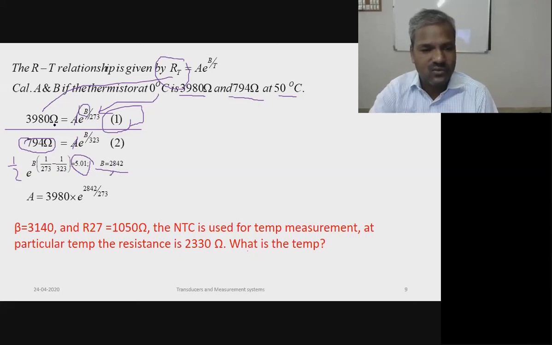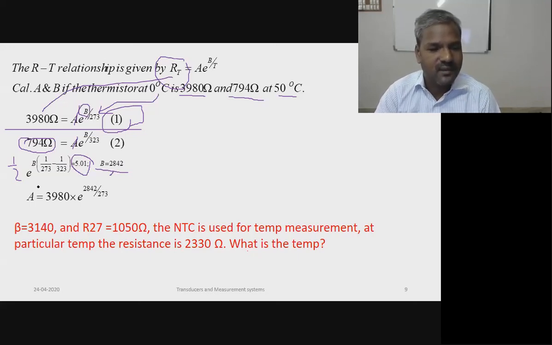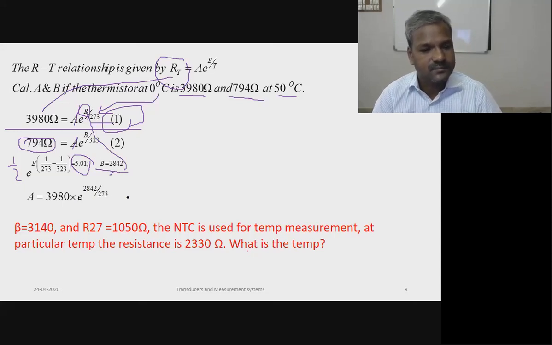Can you tell me, please, quickly, the value of A? Substitute: 3980 equal to A e power B, B value 3842 divided by 273. So what do you get? 3980 into e to the power 3842 divided by 273.